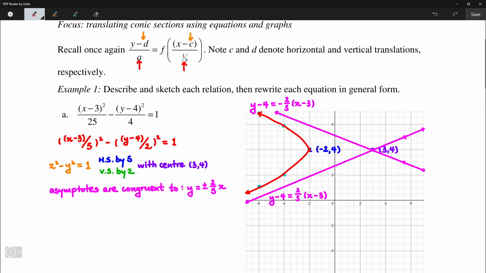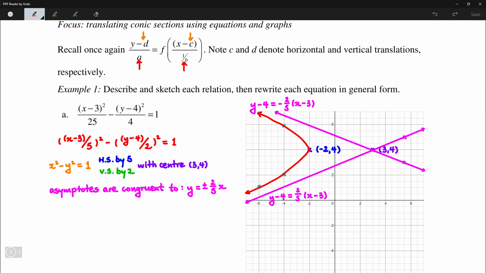Okay, so that's the first part of the question. It says to describe and sketch. So we described the hyperbola with the basic form, the stretches, the translations, and since it is a hyperbola, also the asymptotes. And of course, the sketch is to the right.